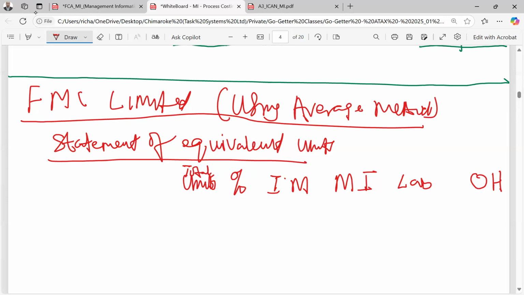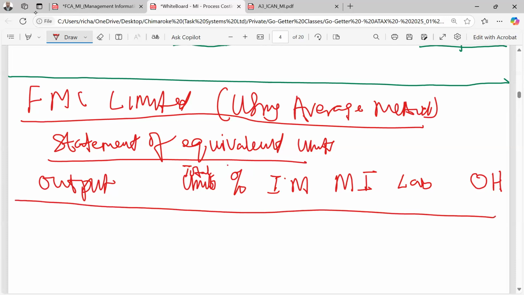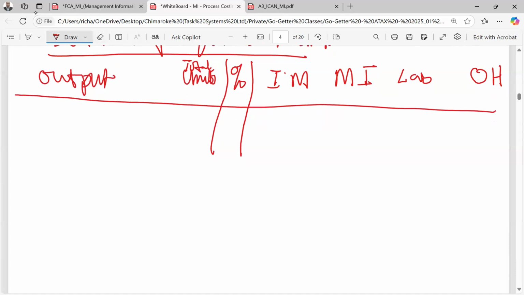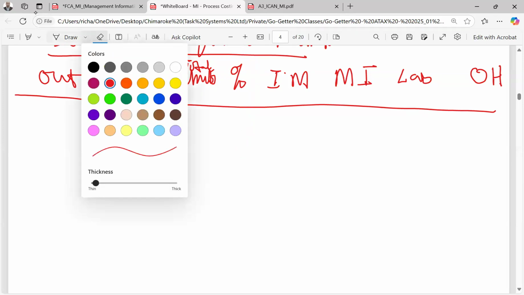Then this is output. This is how we are laying them out. Forgive me if my lines come out crooked.